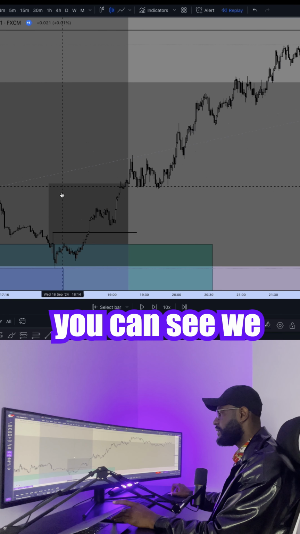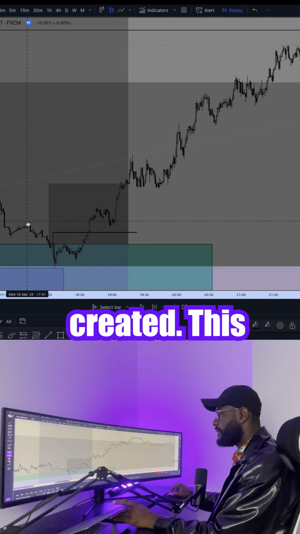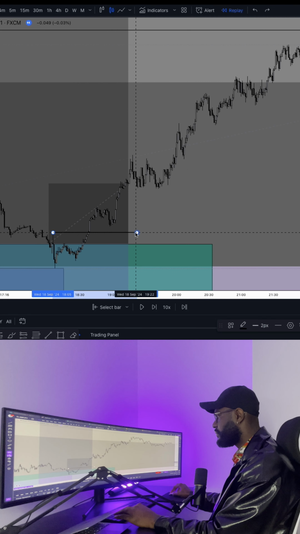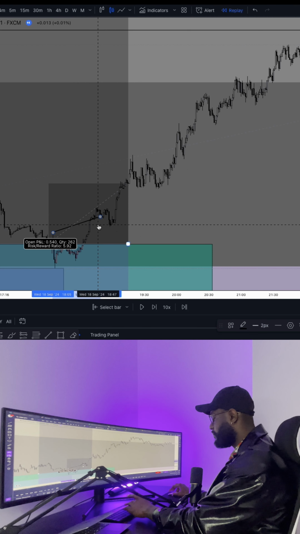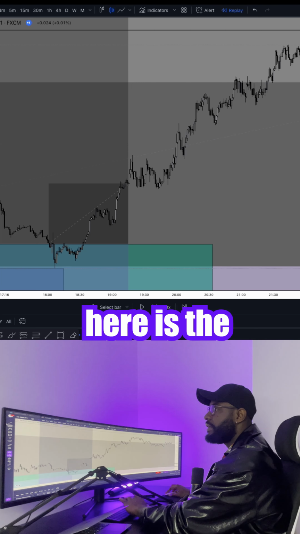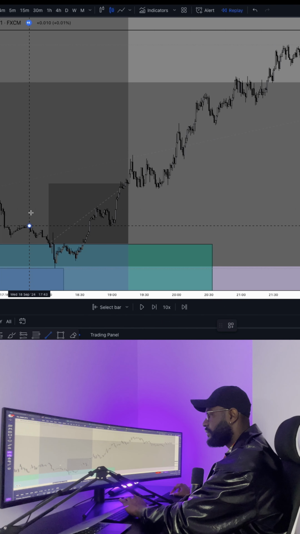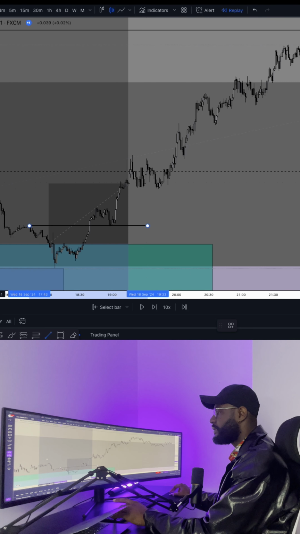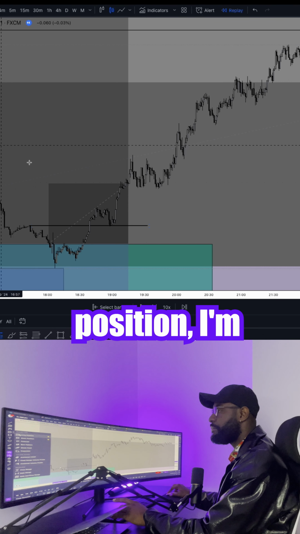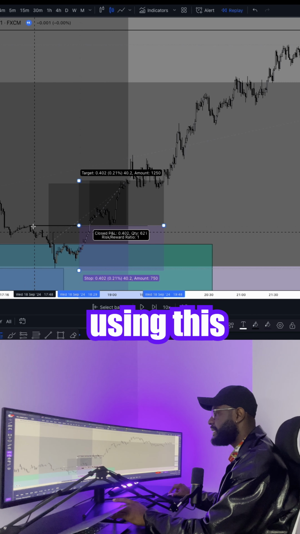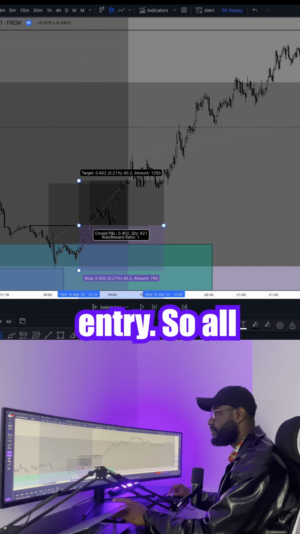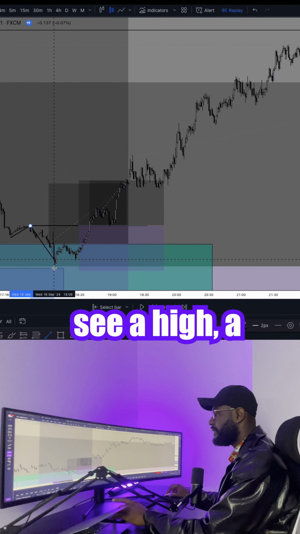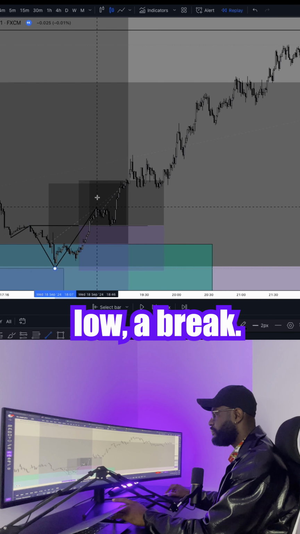The moment we came in there, you can see we created this major high here. So the moment price broke through that position, I'm using this high as an entry. All I'm interested in is a high, a low, a break.